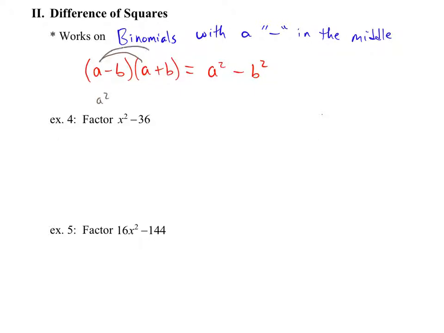And then I do outside, this times this gives me a plus ab. Then when I do my inside, I get a minus ab. And when I do my last, I get a minus b squared. So whenever we FOIL, we combine those two, but in this case, they wipe each other out. So we end up with a squared minus b squared.